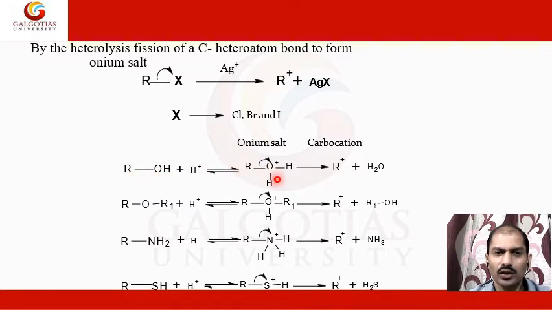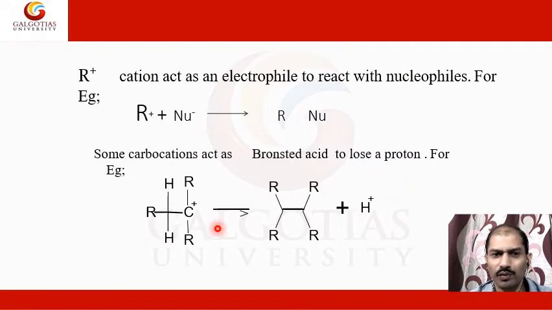You can also produce these species from different amino groups, amides, and so on. So from these types of starting materials, you can synthesize these carbocations.